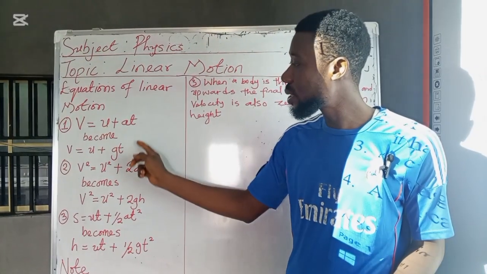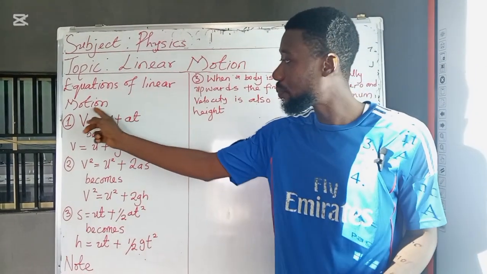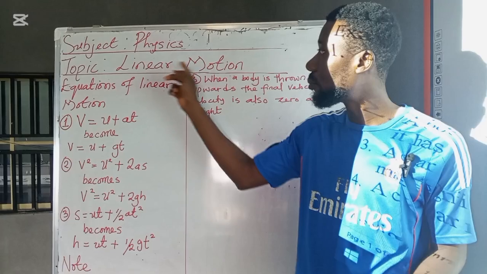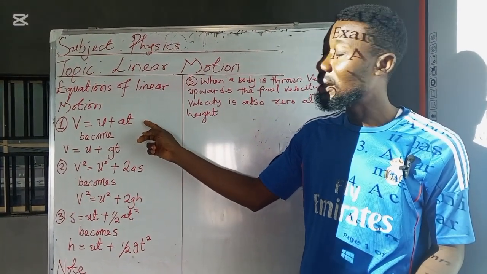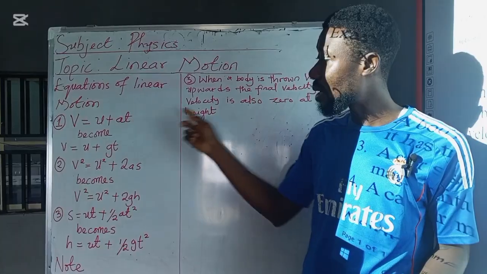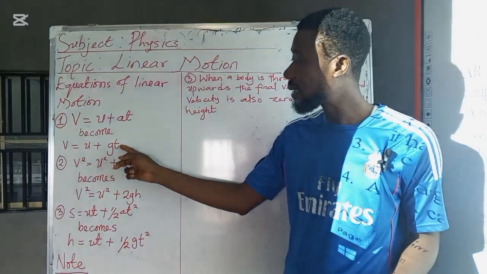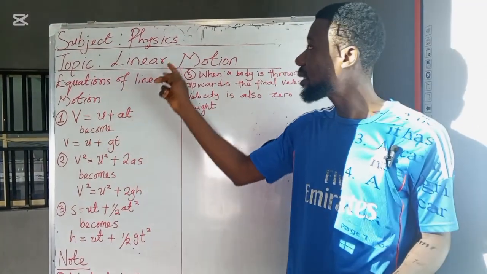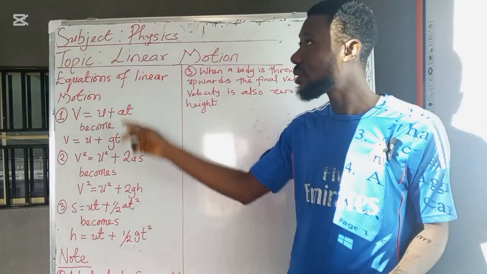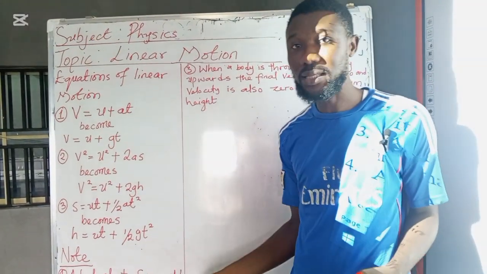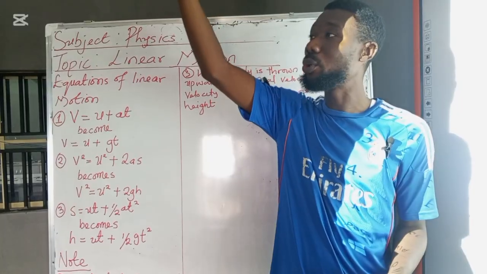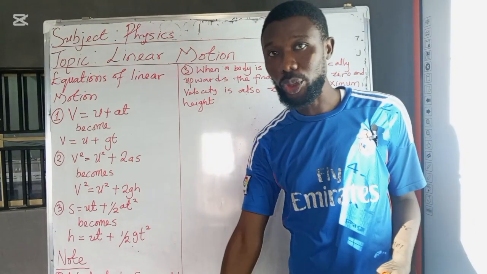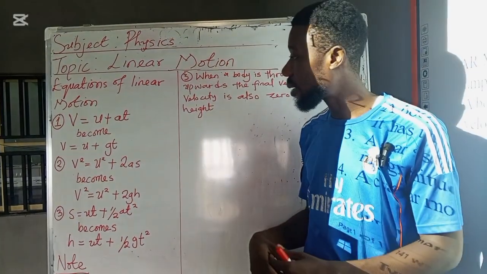Now, the difference between these two is that this is applicable to linear motion on a straight path, which can be likened to horizontal movement. And this can be likened to linear motion on a vertical path, when you have a body either going upward or coming downward on a vertical path.